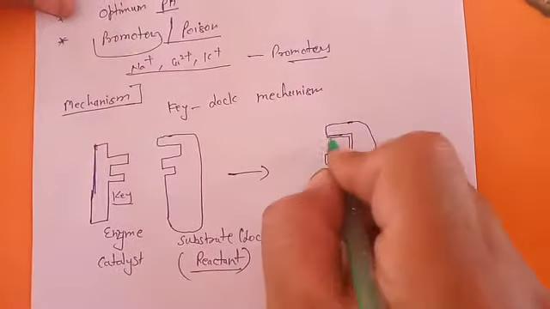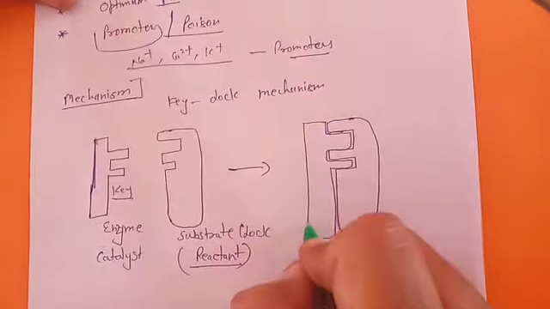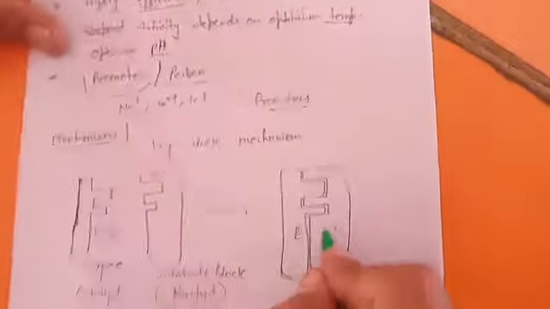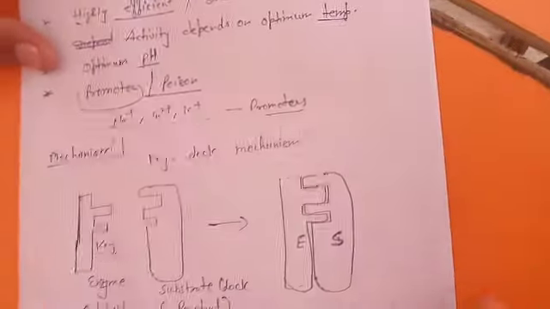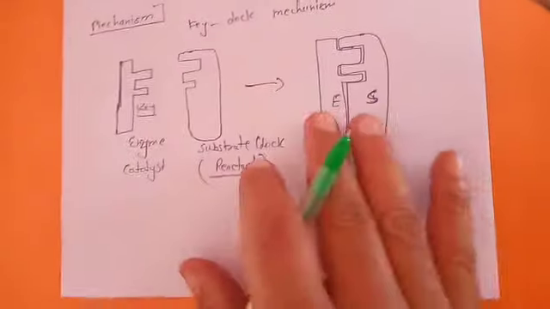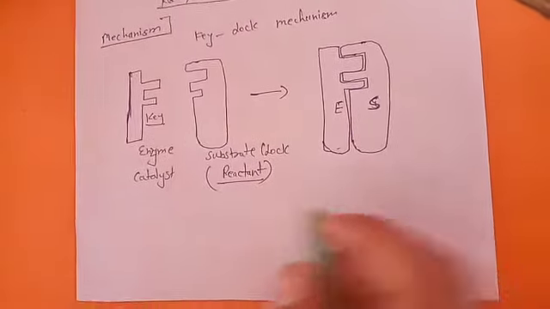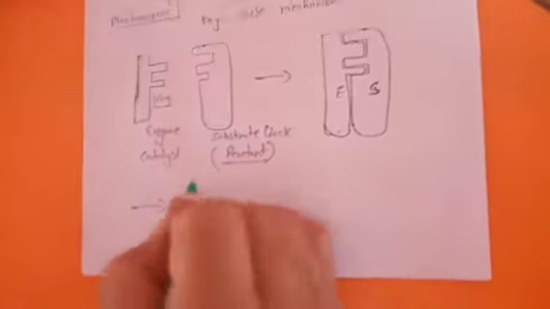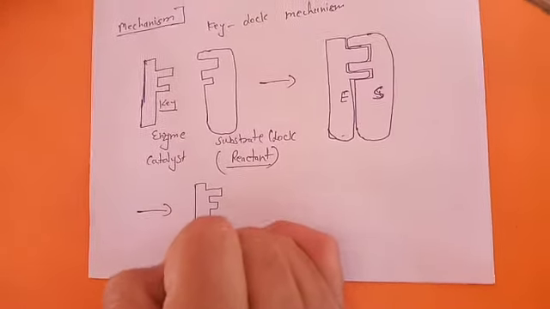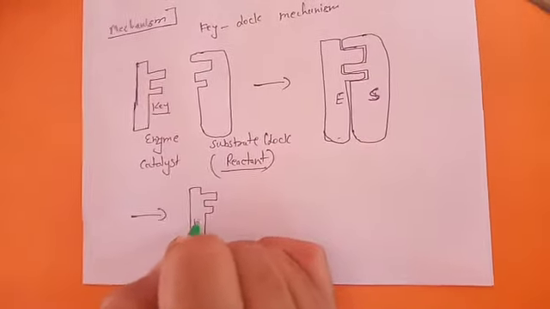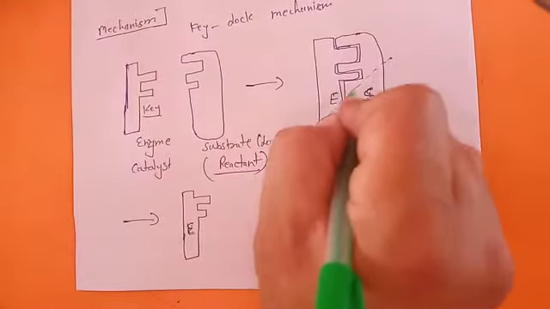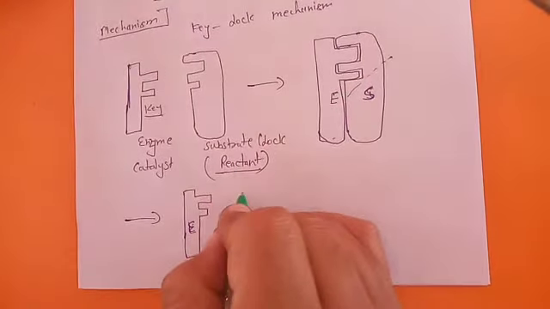So this key, the enzyme, gets attached to the substrate. E for enzyme, S for substrate. This is the second step. They get combined, meaning the enzyme is working on the substrate. In the last step you will show that the enzyme remains as it is, the key gets separated, but the substrate gets converted into product.